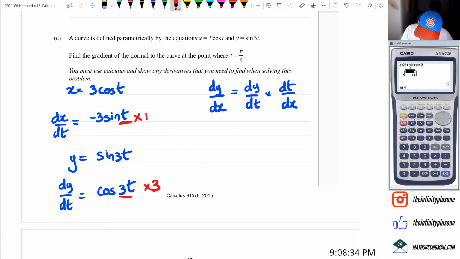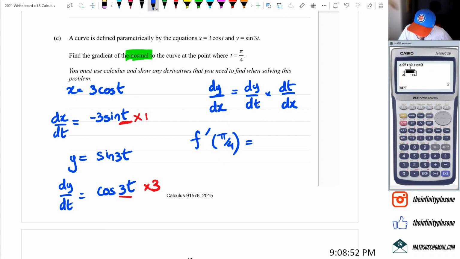We've been asked to find the gradient of the normal. So we've got to find what the gradient is and then flip it, negative 1 over the gradient, to get the normal. So we're going to work out f dash of pi over 4.